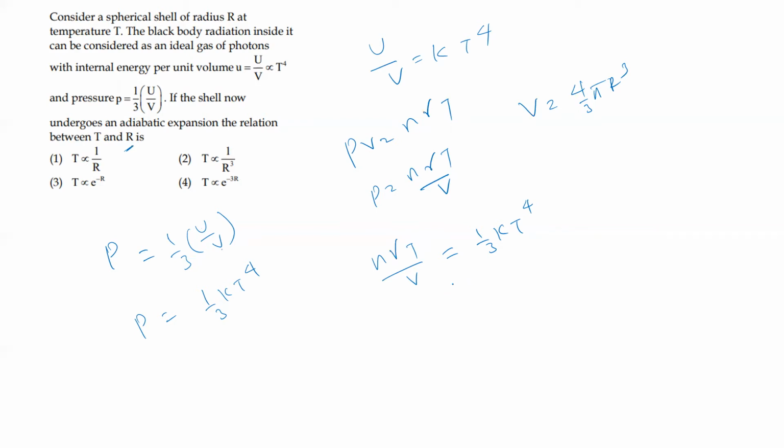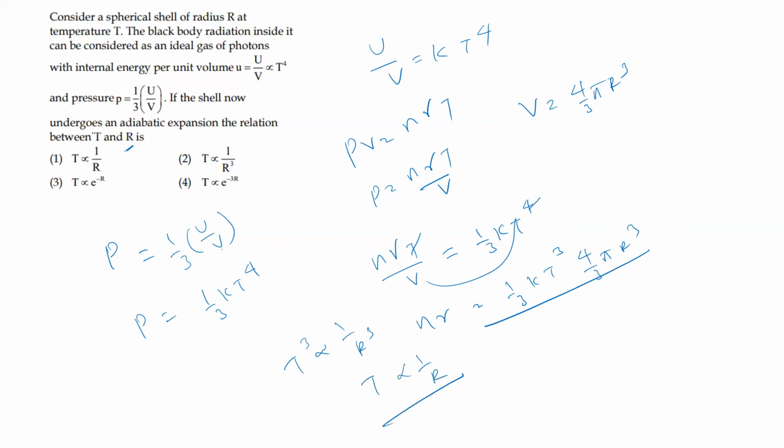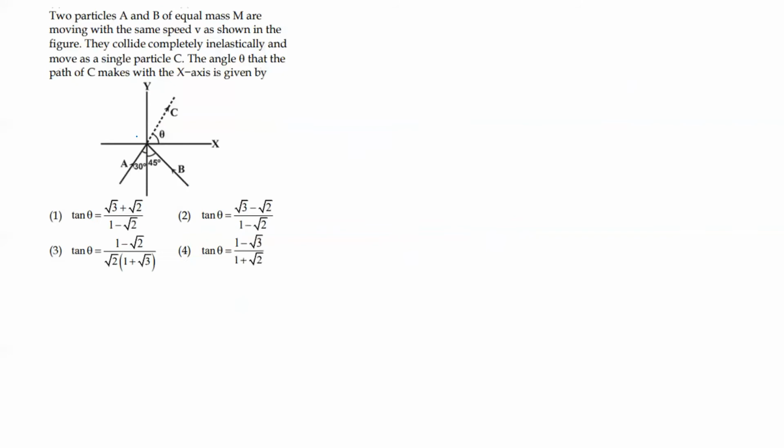So this V goes to this side, one T will be cancelled, and you will get nr is equal to 1 by 3 k T cube, with V, 4 by 3 pi r cube, coming to this side. Clear? So what is the relation? T cube is directly proportional to 1 by r cube, so T is directly proportional to 1 by r. So this answer is correct.